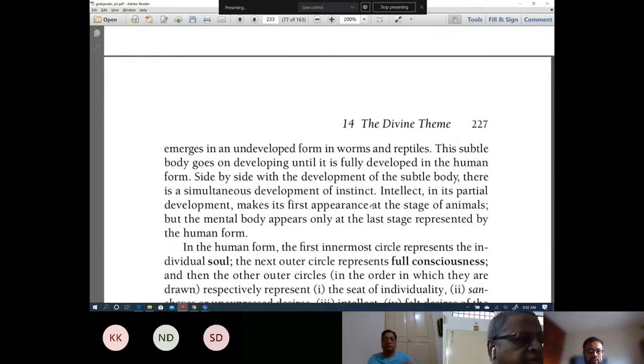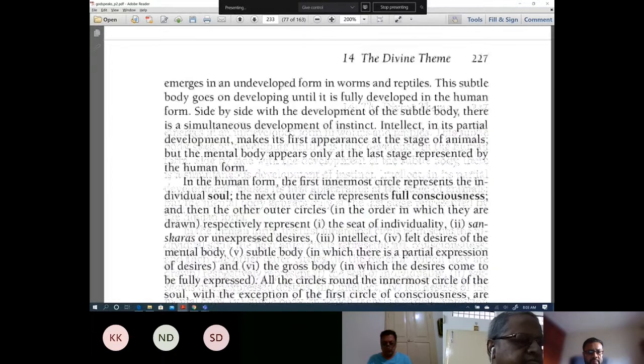Side by side with the development of the subtle body, there is a simultaneous development of instinct. Intellect, in its partial development, makes its first appearance at the stage of animals, but the mental body appears only at the last stage, represented by the human form.